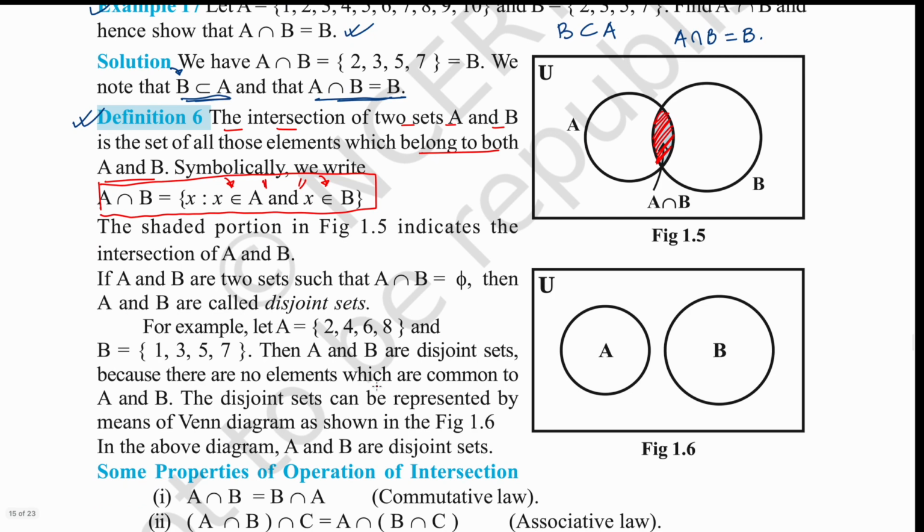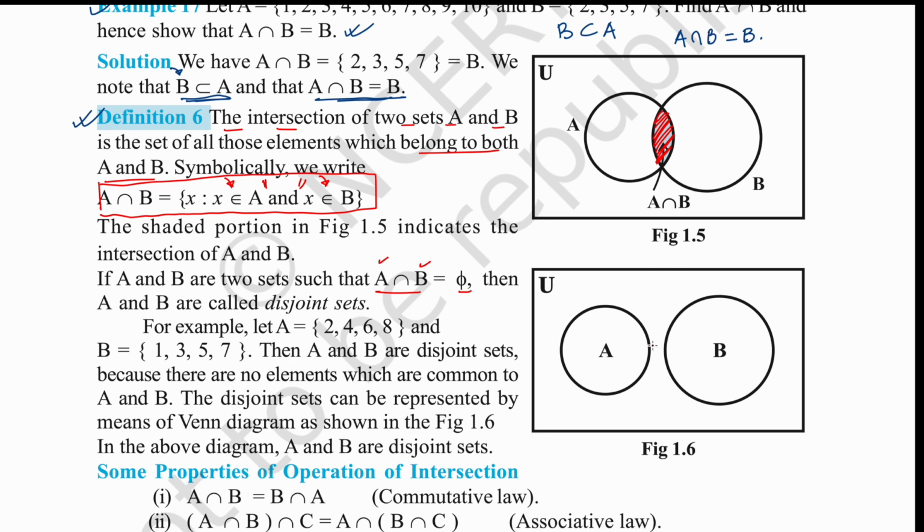Now, there could be cases when you have A intersection B as a null set. Whenever you have this case, A intersection B as null set, that means there are no elements in A and B which are common to each other, right? That means there is no overlapping region when you draw the Venn diagram of the two sets. It will be something like this. You have set A, you have set B. There is no region which overlaps between the two sets.